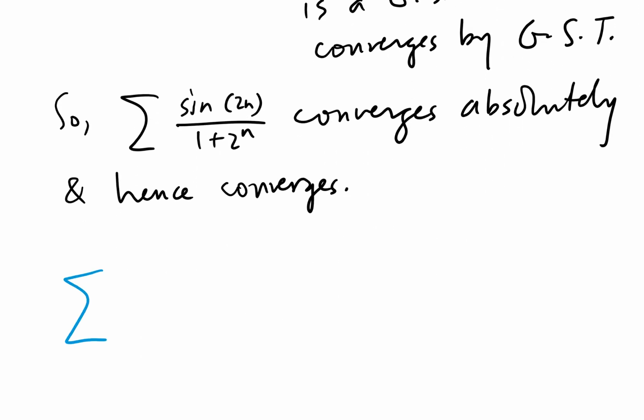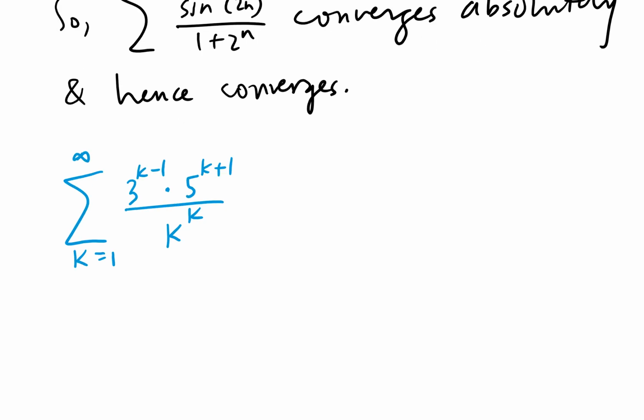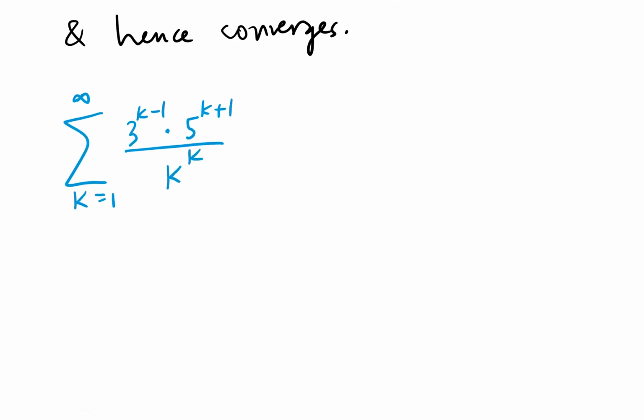Sum of 3 to the k minus 1 times 5 to the k plus 1 over k to the k. When I saw k to the k, something came to mind: the root test.